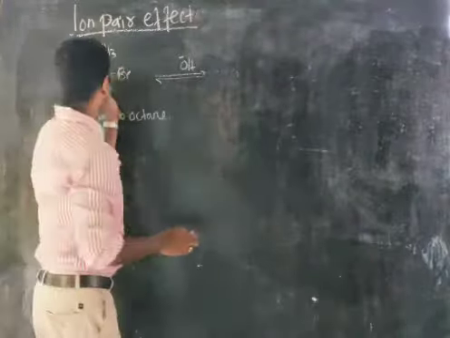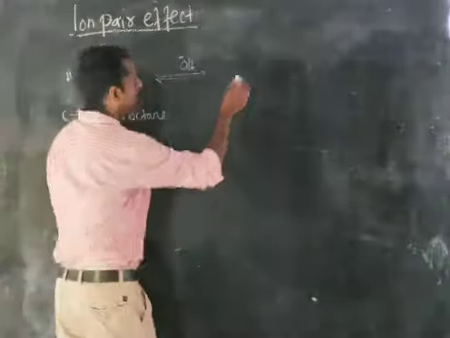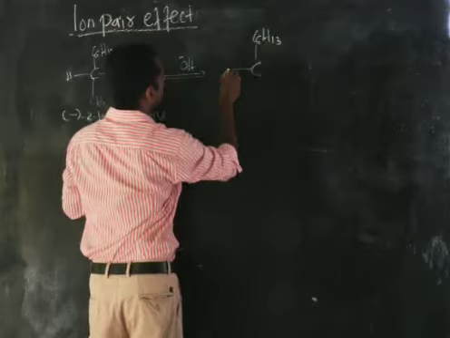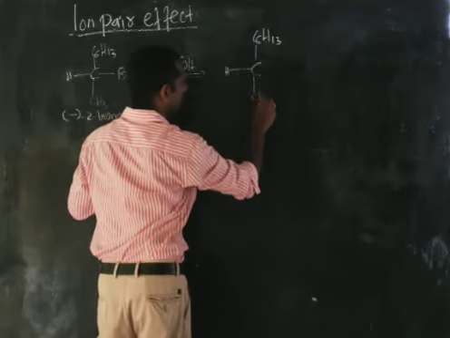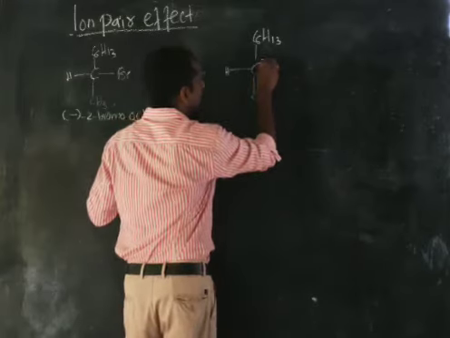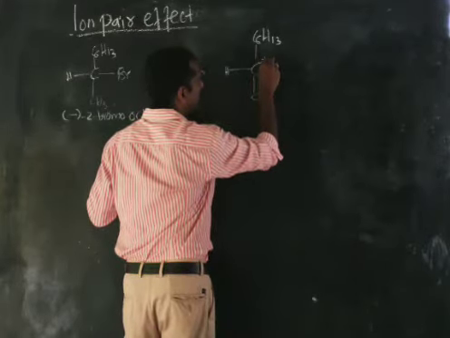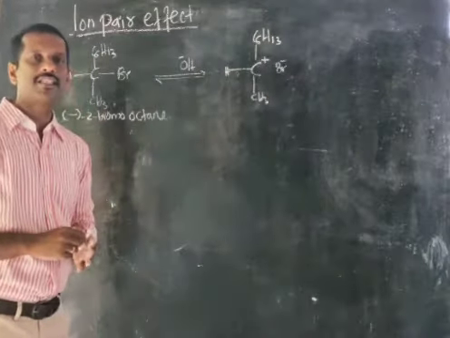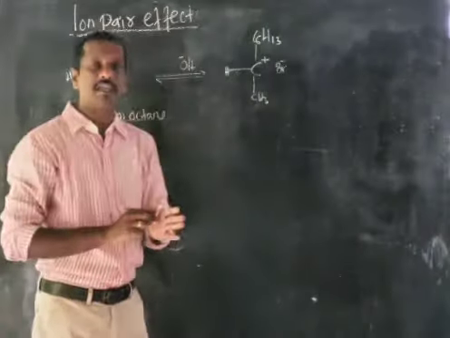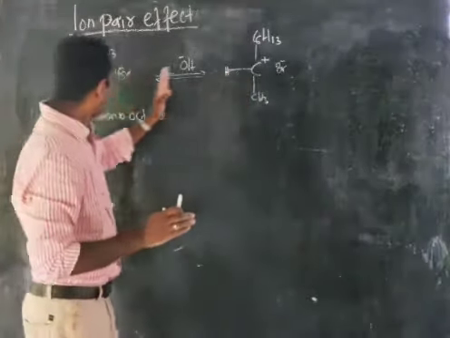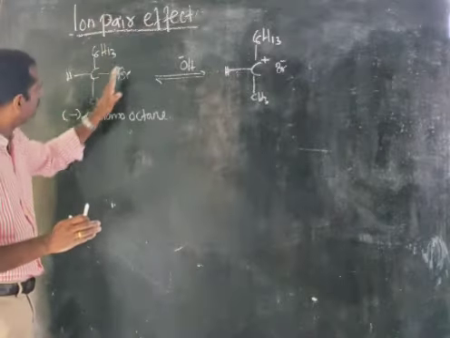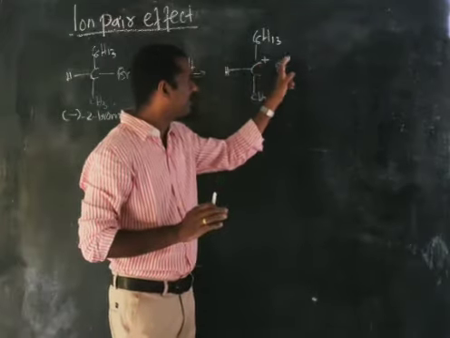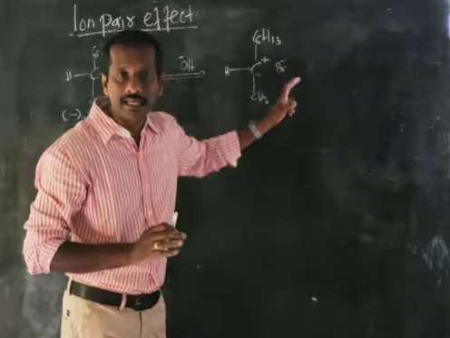Now, what is the first step? The formation of a carbocation. Look at it very carefully. C6H13, here it is H, and here it is CH3. The first step is the formation of the carbocation C plus, and Br minus. But here you can see that for a period of time, after the breaking of the C-X bond, the carbon is positively charged and the halide is negatively charged.